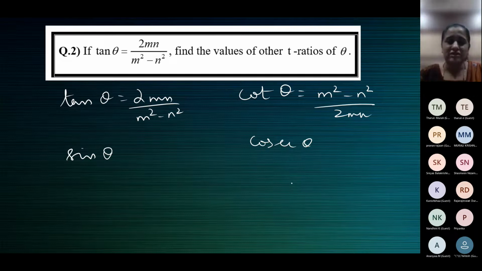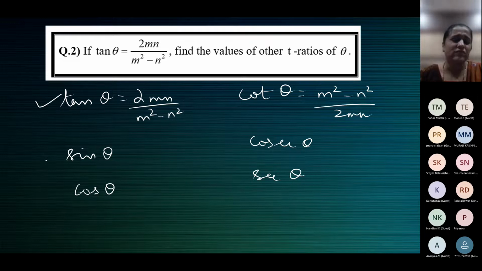You're given tan theta, so you immediately know cot theta. Next, we'll try to find sine theta. If you find sine theta, its reciprocal is cosecant theta. And if we find cos theta, its reciprocal is secant theta.